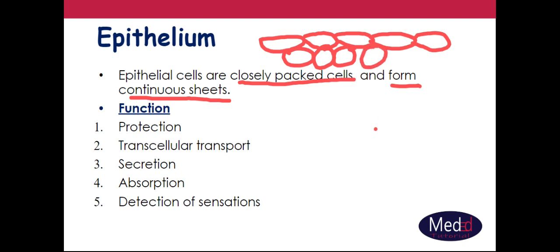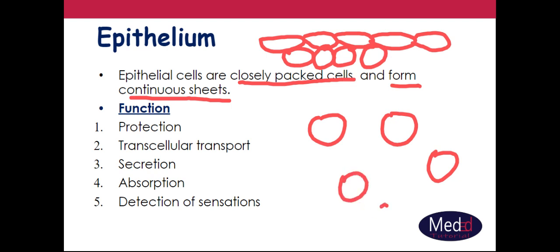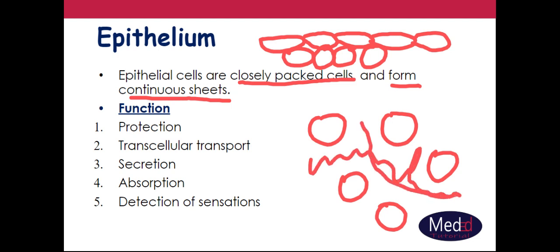In connective tissue, the cells are separated; they are not as compacted as epithelial tissue. In between connective tissue cells, you have substances that we refer to as the extracellular matrix. So these are the cells, and all the substances in between them are referred to as what?